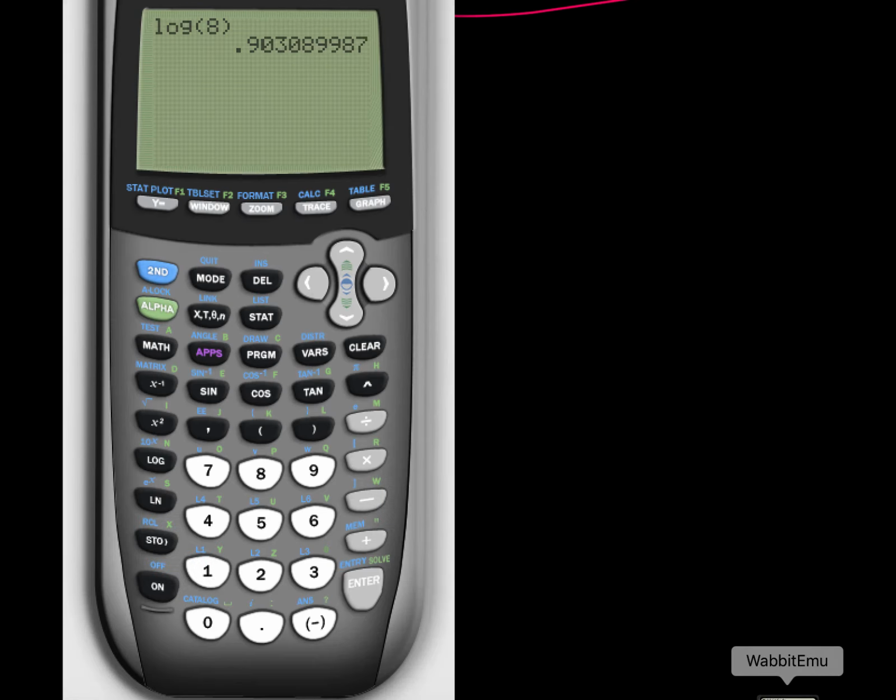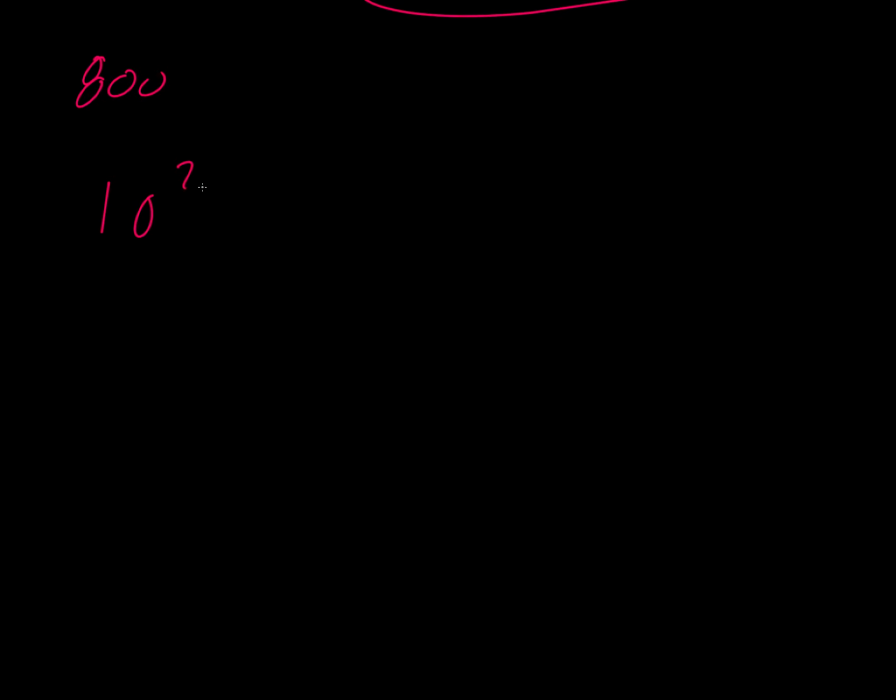Now we have the number 800, and we're going to go through the same process. We're going to have 10 raised to log 800, and log 800 is 2.90, so 10 raised to 2.90 is approximately 800.